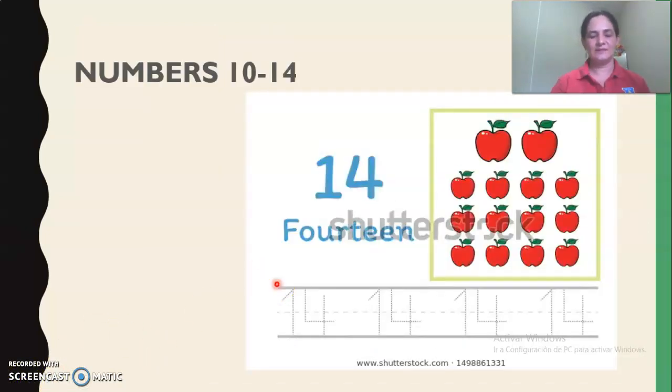Alright, we already learned the number 14. Let's count the apples. How many apples do we have here? Let's see. 1, 2, 3, 4, 5, 6, 7, 8, 9, 10, 11, 12, 13, 14.